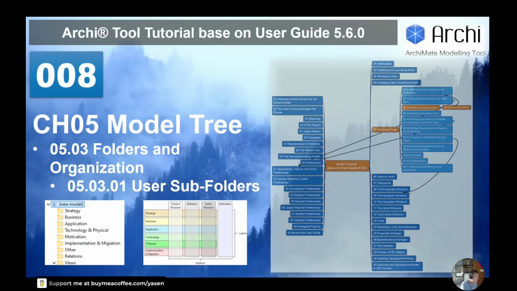So you can drag either a technology element or a physical element into this folder. Jumping from motivation first, we also have the bottom layer, implementation and migration. So these six terms are exactly mapped here in the Archi2 folders.